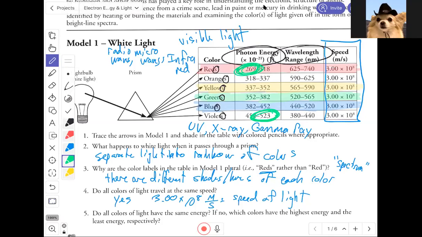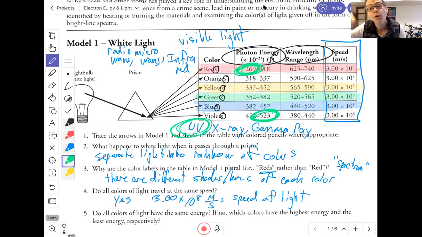So the way to remember that fact is that staring into UV light damages your eyes, right? So all of these things, UV, X-ray, gamma ray, those are all very, very bad. Violet is closer to those things. Therefore, it is more energy. Infrared is a remote control.